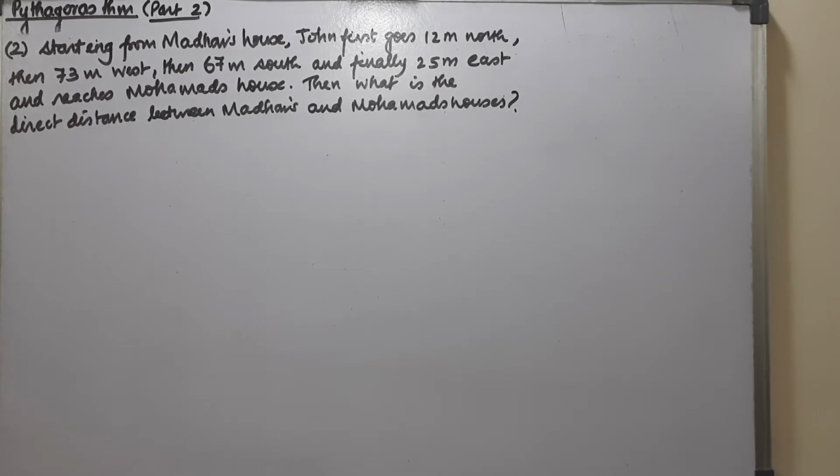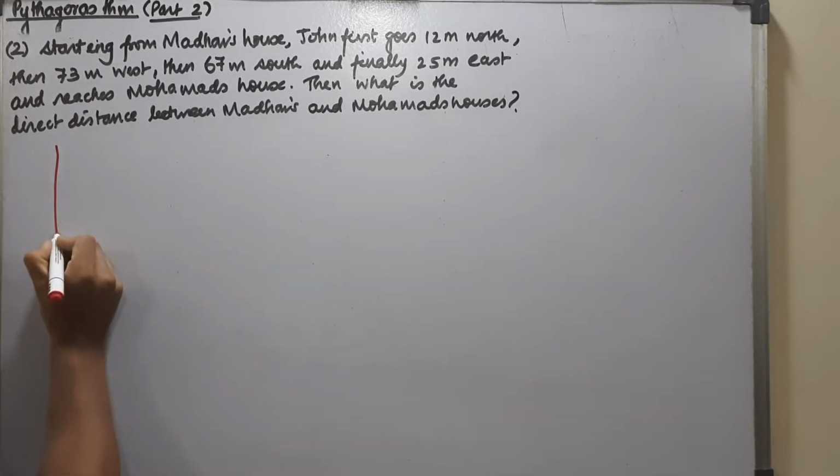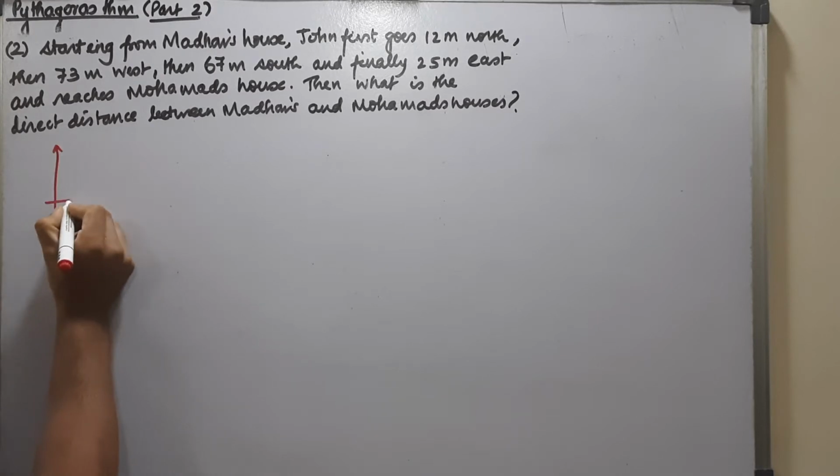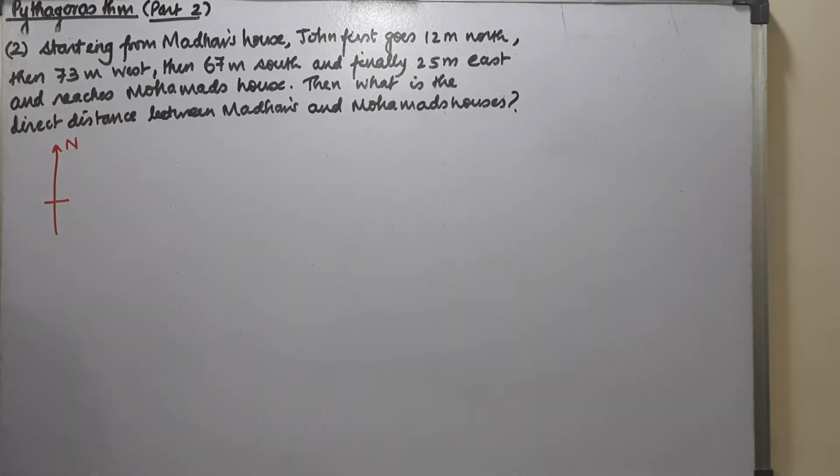John first goes 12 meter north. So here direction is there. So better I will mention the directional part first. If you have seen in your map, this is written. That is, this direction shows north. Okay?